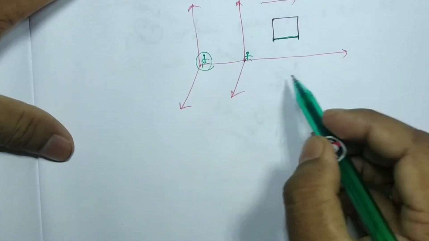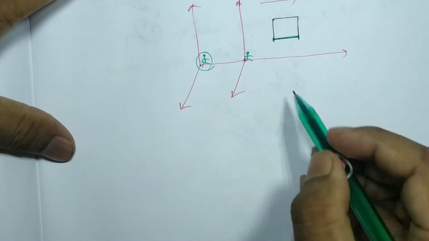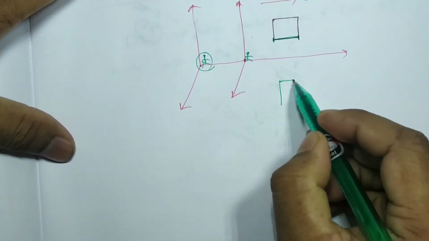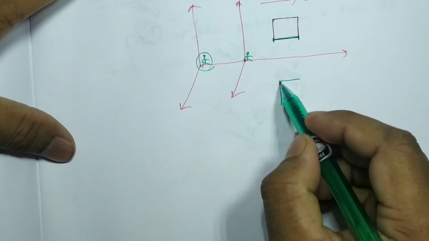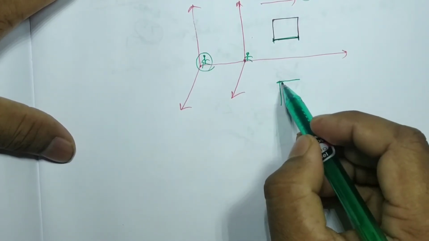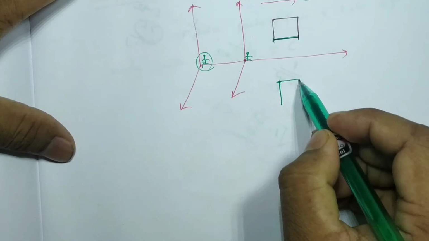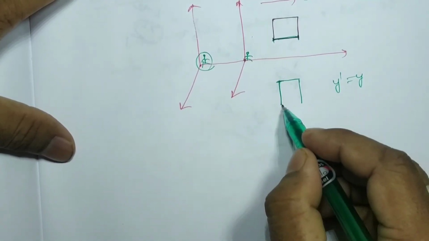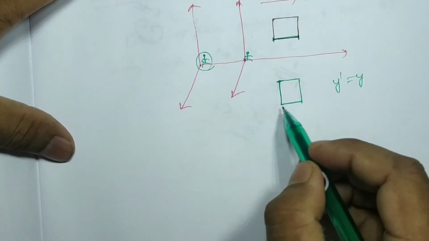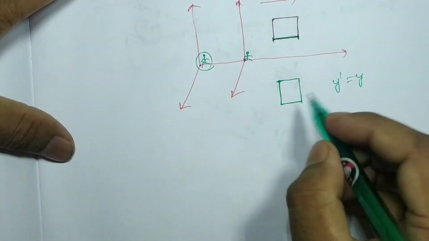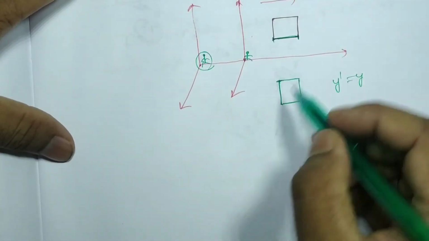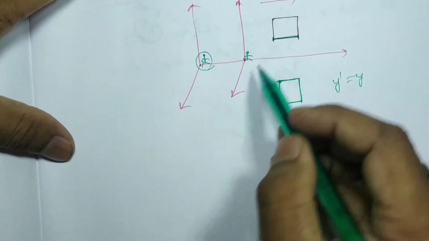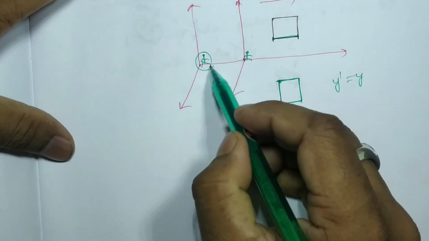That means it will look like this. This vertical line is not going to be changed because y dash equals y, but this length is going to be contracted. So the square will look like a rectangle for this observer.